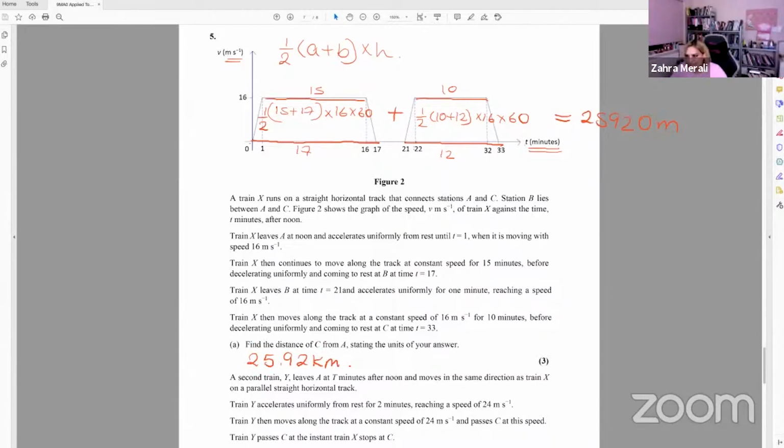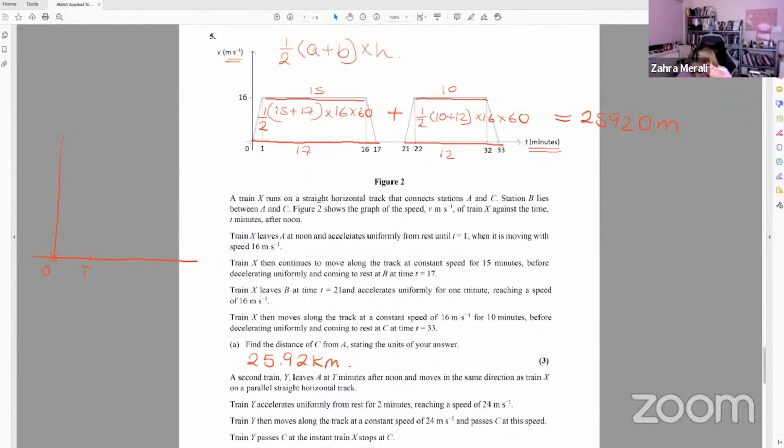So now we have a second train that leaves A at t minutes. Okay, fine. So it doesn't actually leave at 0, it leaves a little bit later. Let's draw it on its own speed time graph. So instead of leaving at 0, it leaves somewhere here.